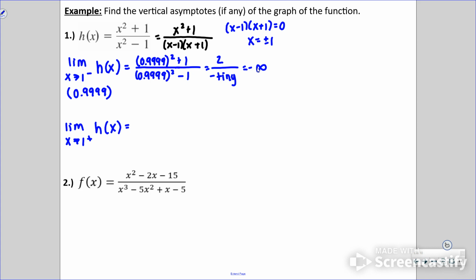So then we're going to do the same thing for the right-hand side of that limit. So I'm going to use a number just a little bit bigger than 1. So again, I always do 4 decimal places because that's the rounding rule anyways. I just try to keep it consistent, keep it easy for myself.